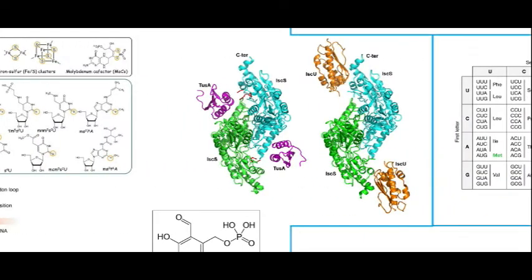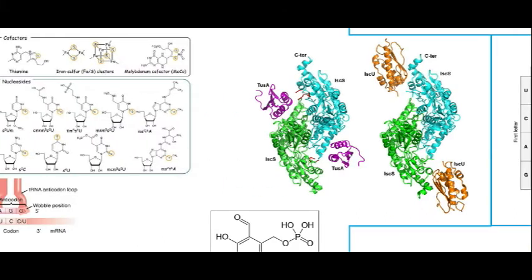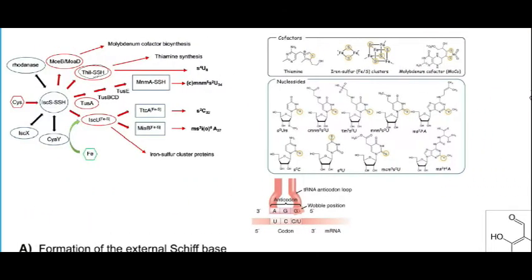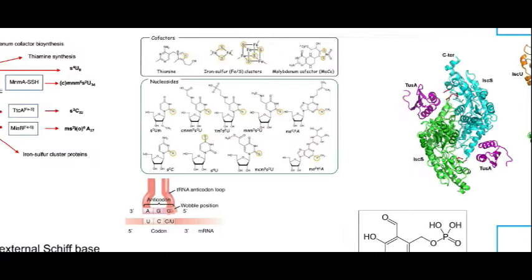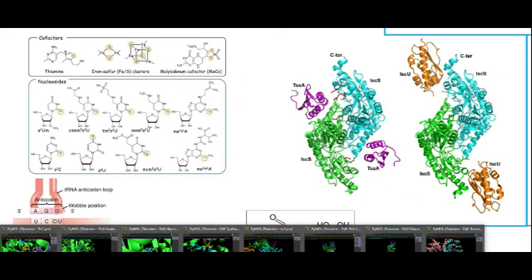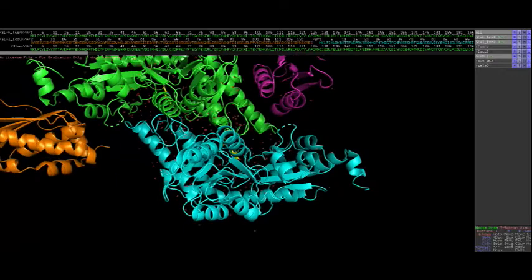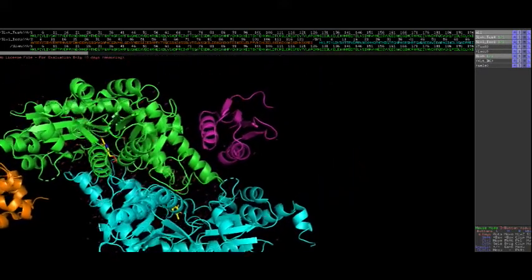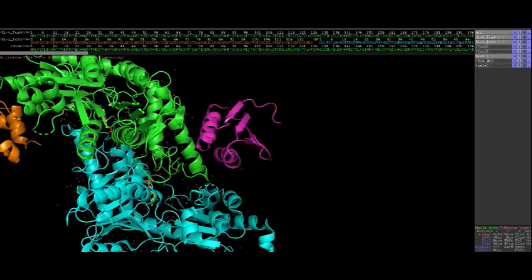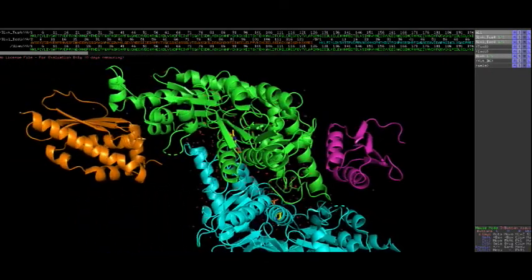And I put these here because this is actually the structure I found. I couldn't find one that is bound to this THII here. So I have the structure here, which is the ISCS bound to either the TUSA up here in purple or the ISCU over here in orange.